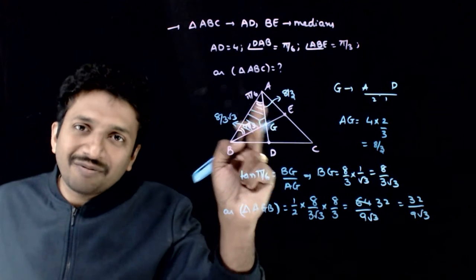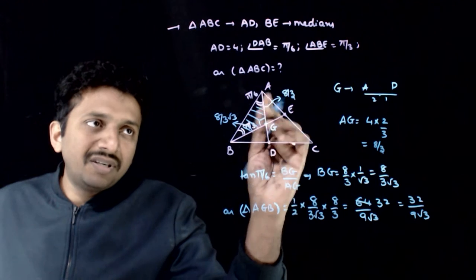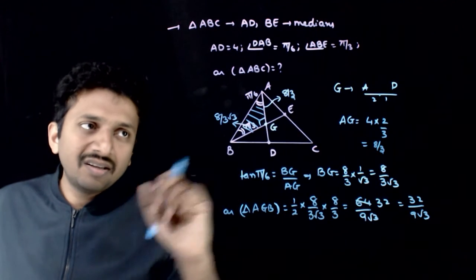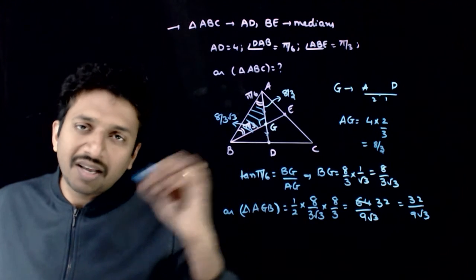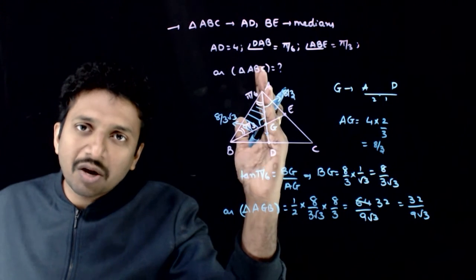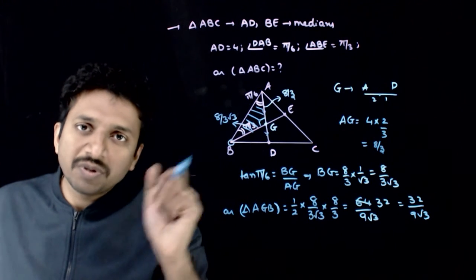Now from this area, can you find the area of the complete triangle? Yes. So now if you see triangle AGB and triangle GDB have base along the same straight line, and a common vertex with the same opposite vertex.